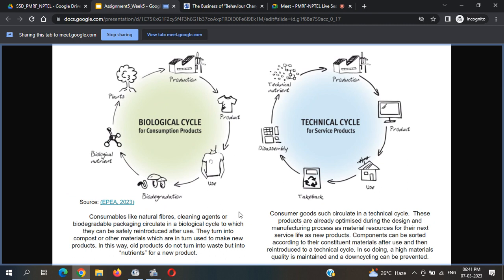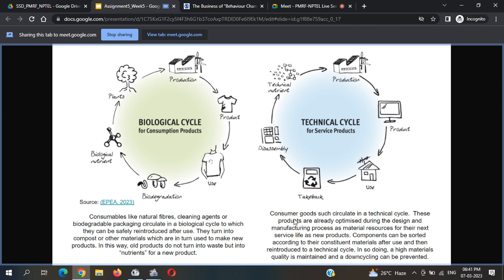They turn into compost or other material which is then absorbed by plants, and in some cases the end product can be used to make new products also. For example, in the case of wood or even cardboard or paper, which is often recycled to make new products. And the technical cycle includes consumer goods which circulate in the technical cycle.